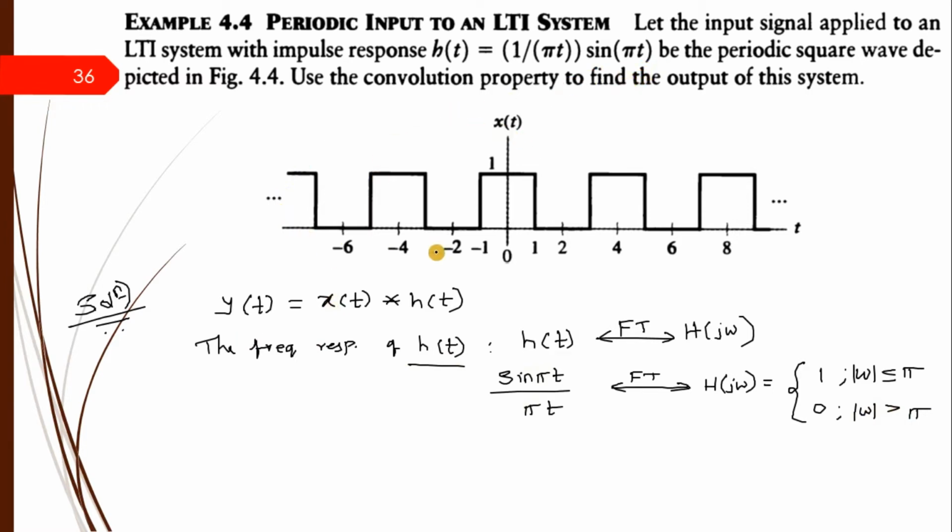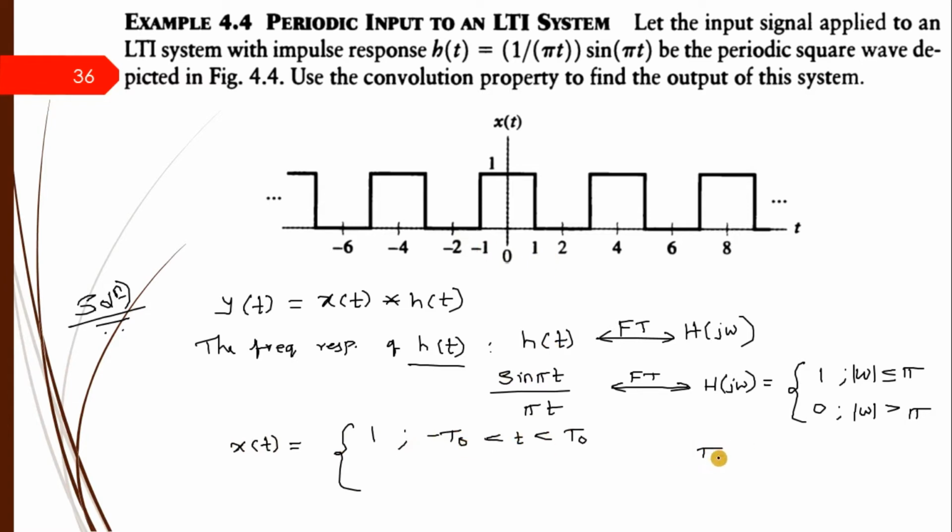Here x of t's information is figure 4.4, that is the rectangular pulse. I write x of t as a mathematical equation: 1 for minus t naught till t naught. Minus t naught is actually minus 1, so minus 1 to 1, I'm writing it in general.